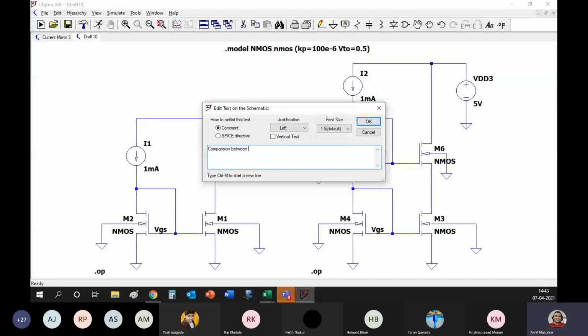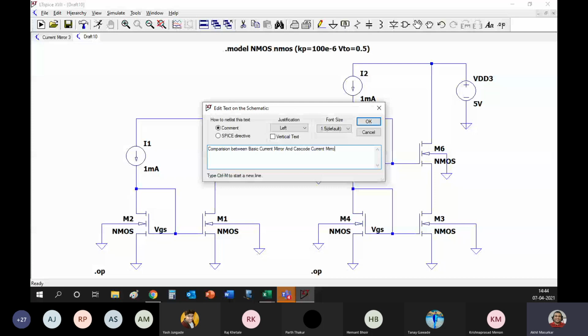Comparison between... we can just have the name here at the top.